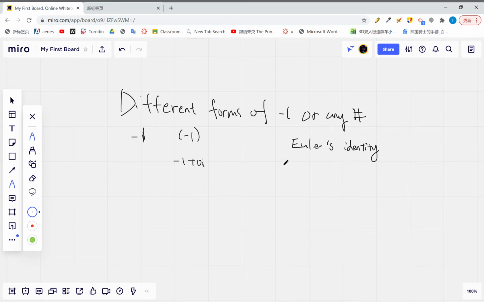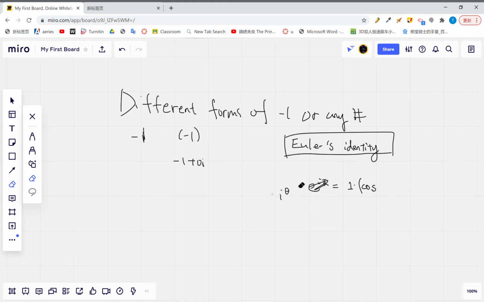So this is like e to the i pi is equal to 1 times cos... no, it's e to the i theta is equal to... what?